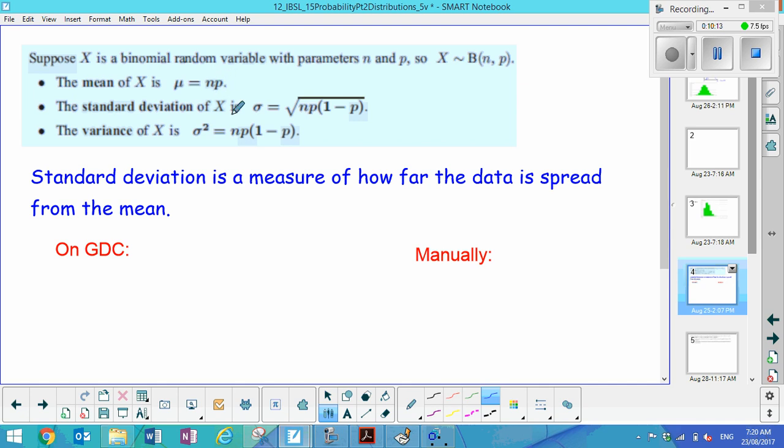So that means for our example, we can just go, our mean, that's a mu, is going to be the number of trials, which was, oh, it wasn't 30, we did 15, 15 times 0.5. So it comes out at 7.5. So that is our average result.